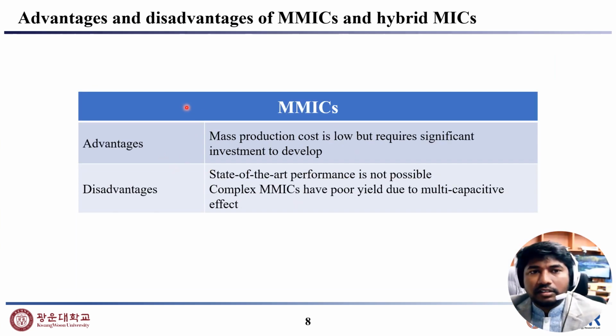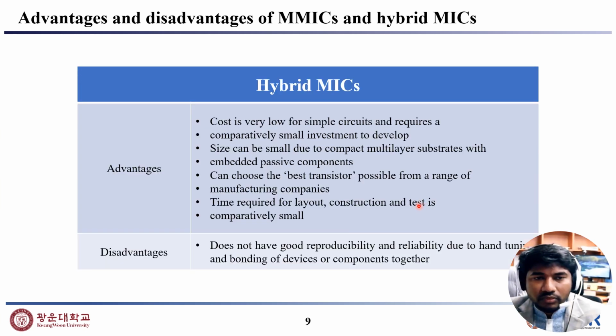Finally, in this slide, we discuss the advantages and disadvantages of MMIC. The main advantage is that mass production cost is low, but it requires significant investment to develop. The disadvantage is that state-of-the-art performance is not possible, and complex MMICs have poor yield due to multiple parasitic effects.